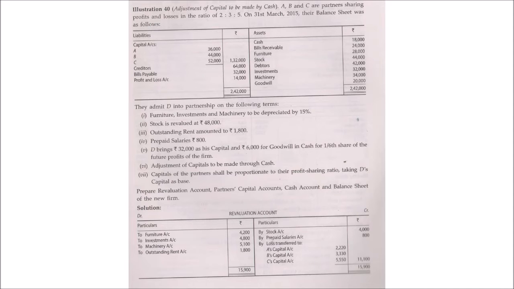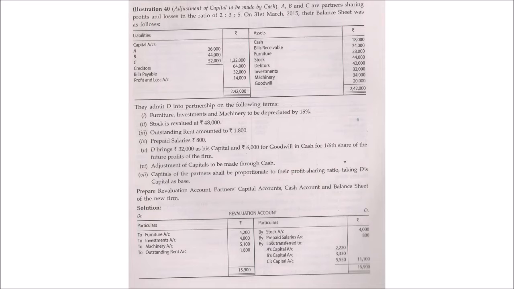And C's share is 5/6 multiplied by 5/10. That is 5/12. So now all are having denominator 12. So convert D's share also to 12. 1/6 is equal to 2/12. Now we are getting new profit sharing ratio 2:3:5:2. This is the base for the calculation of a new capital of the partners.